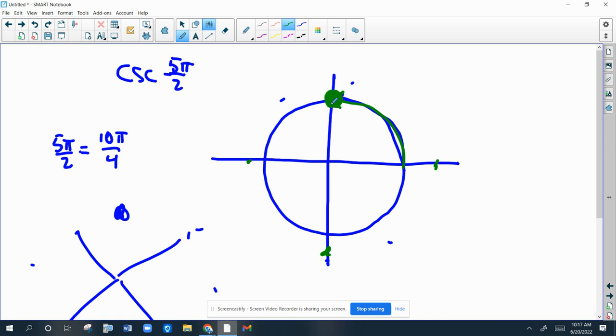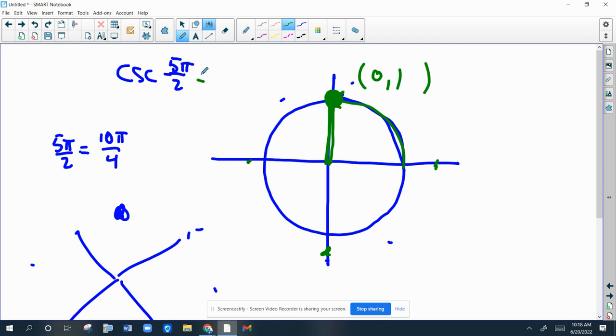So we're still there. Now this is on an axis. So the x coordinate to get here, how far over do you have to go from the origin? The answer is 0. We don't go anywhere. And the y coordinate, we go the longest length you can on the circle, which is 1. So the point on the circle associated with 5 pi over 2 is 0, 1.